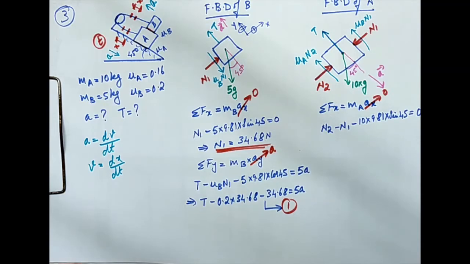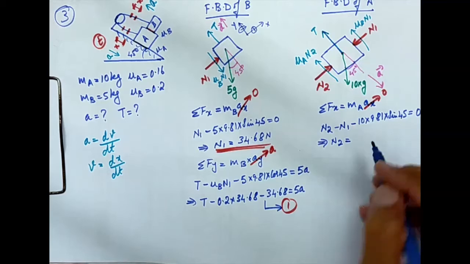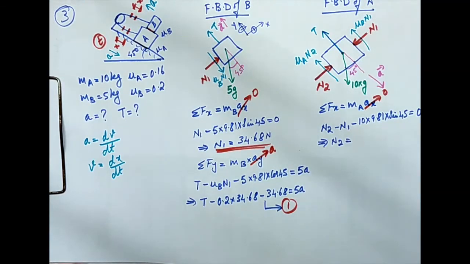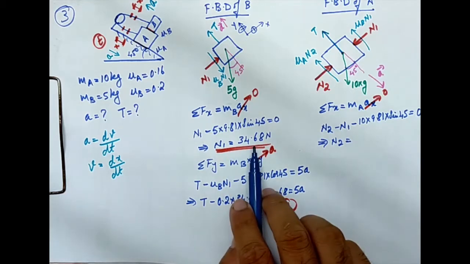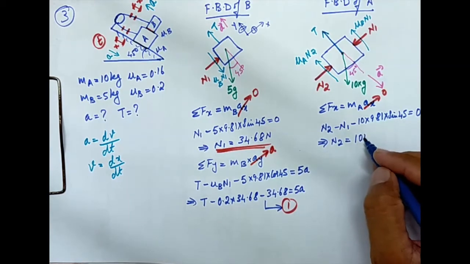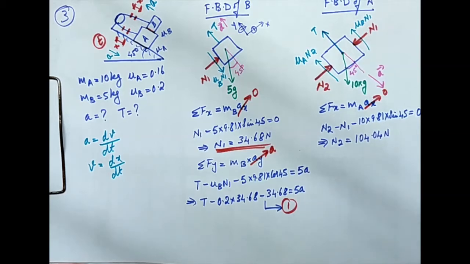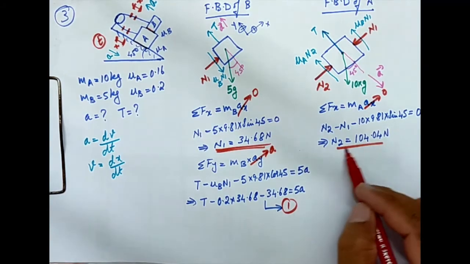So from this N2 can be calculated. We have the value of N1. N1 is 34.68. If I substitute all those values, I am going to get the value of N2 as 104.04 Newton. That is the value of N2.